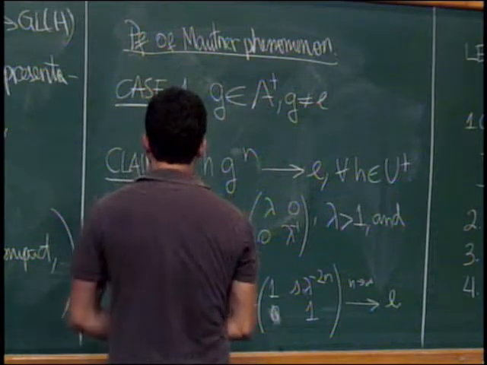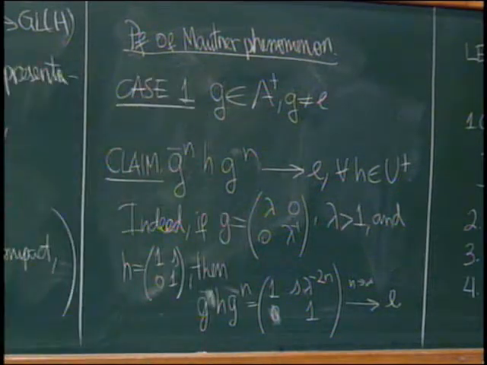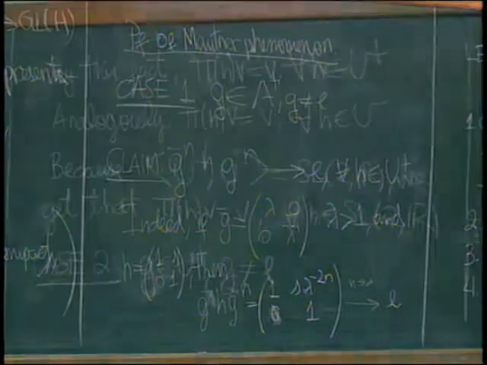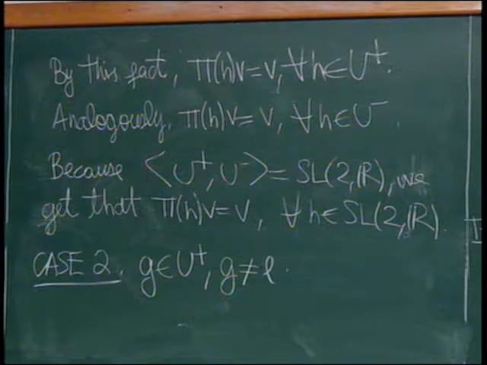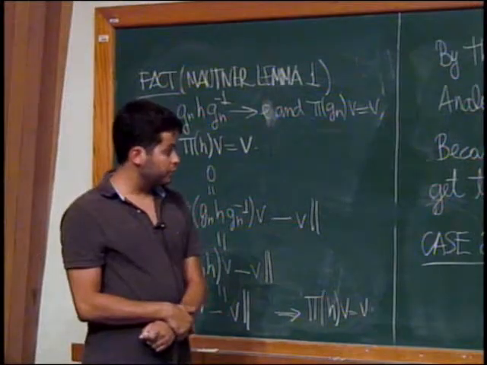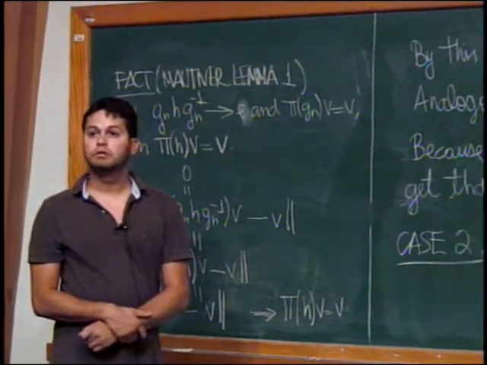Okay, so the idea of case 2 is to try, from this assumption, to get an element that belongs to A plus or to A that also fixes the vector V. So the idea is to reduce case 2 to case 1.